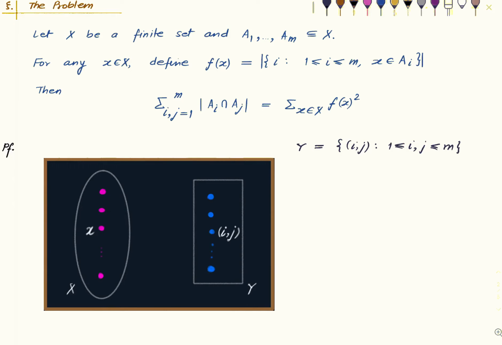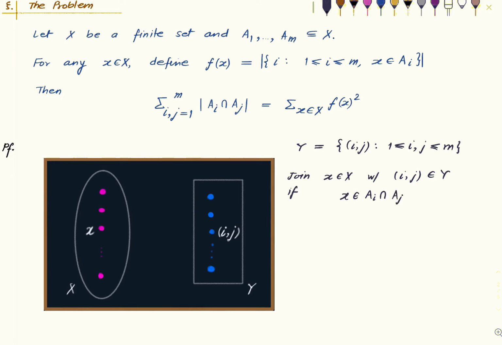All right, and now how is the graph defined? The vertex set of our graph is X union Y. What we will do is join x with (i, j) in Y if x belongs to Ai intersection Aj.